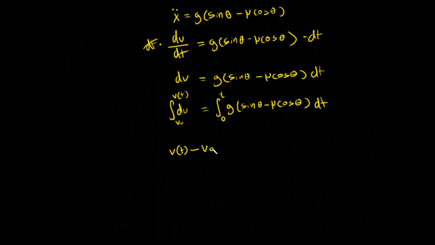And then we substitute these, we get velocity in time is roughly equal to, minus the initial velocity, that's what we have on the left side, is equal to, now this is a function of time, or let's integrate this with respect to the time limit that we have here. So this is a constant. Let's move it to the front. So g sine theta minus mu cosine theta, and then now we have the integral from 0 to t of, there's a 1 here, right?